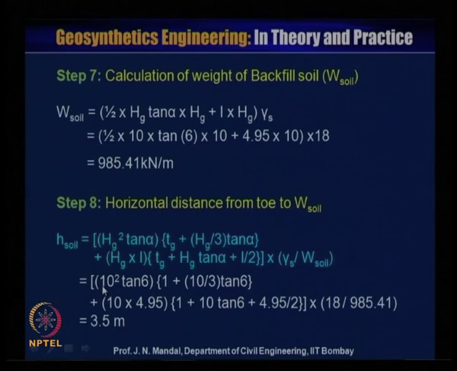Here Hg is 10 square, tan alpha is tan 6 plus Tg is 1 plus Hg is 10 by 3 into tan 6 plus Hg is 10 into L is 4.95 we calculated plus Tg is 1, Hg is 10, tan alpha is tan 6, and L is 4.95 by 2 plus gamma S is 18, divided by this W soil we calculated, 985.41. So this H soil will obtain 3.5 meter.